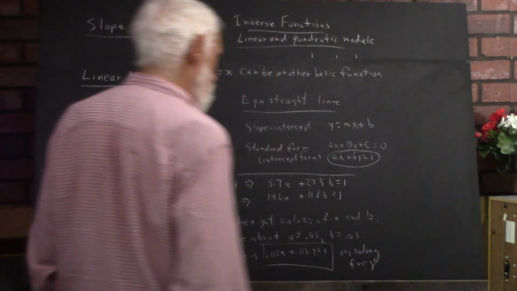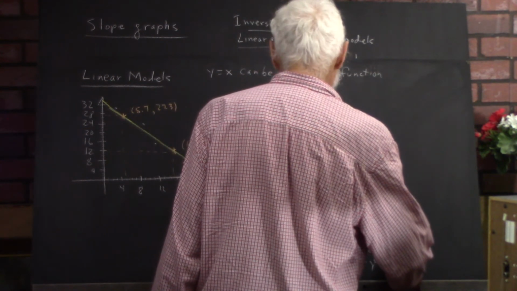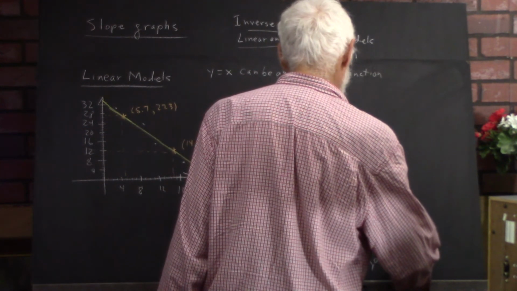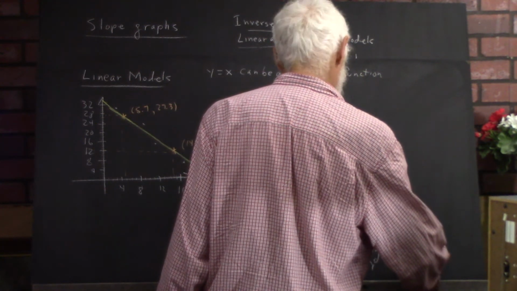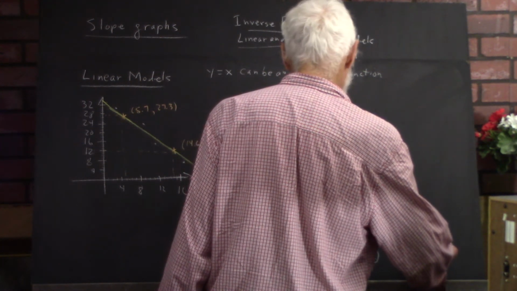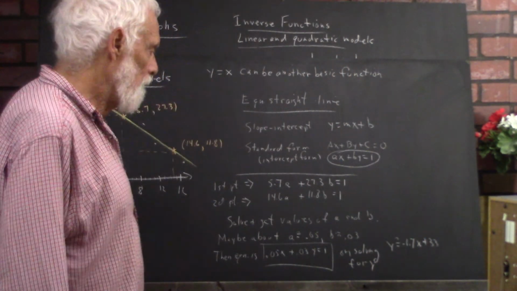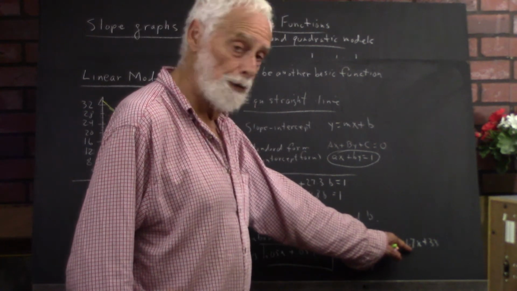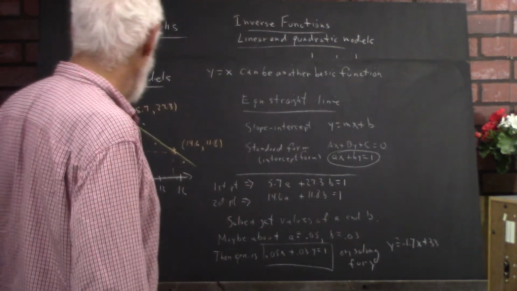So solving for y, you would get y equals negative 1.7 approximately x plus 33. Now that would mean you have a slope of negative 1.7 and a y-intercept of 33.